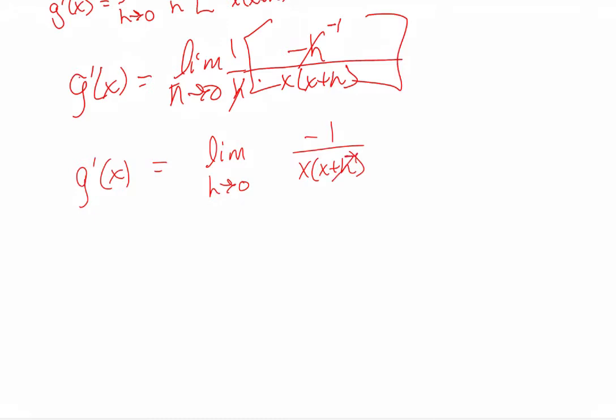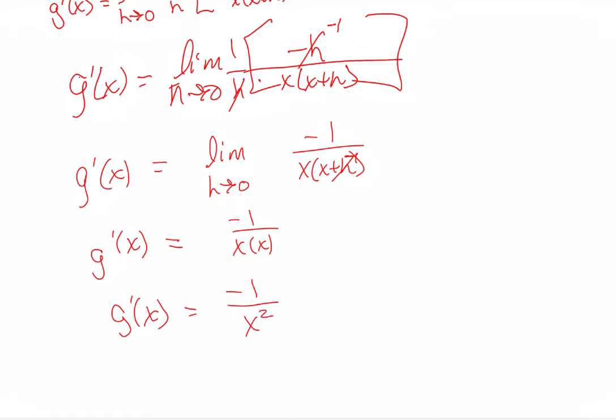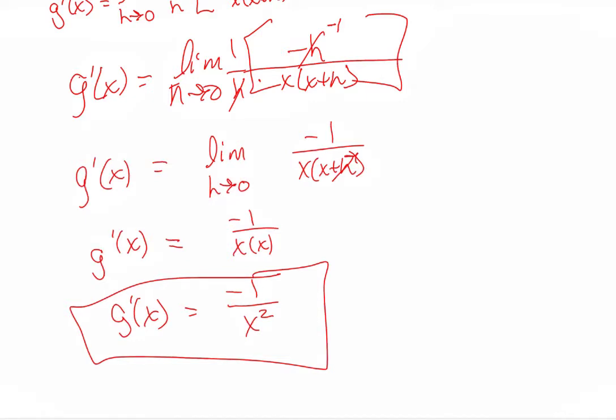This h will go to 0, so what I'm left with is g prime of x equals negative 1 over x times x. So g prime of x equals negative 1 over x squared. And that's my derivative. Okay?